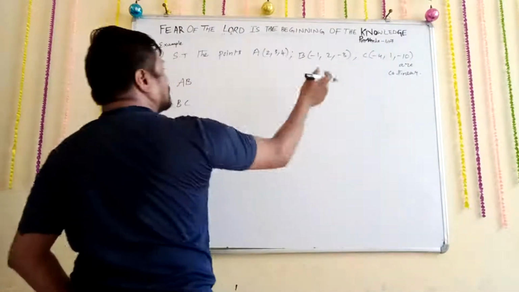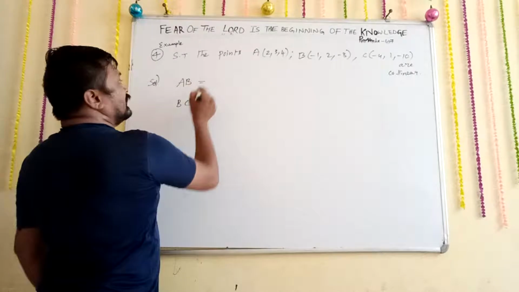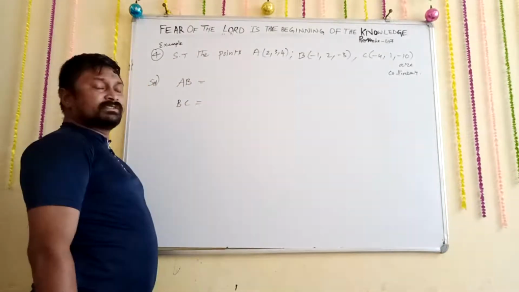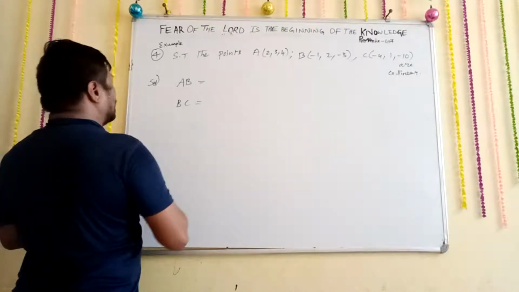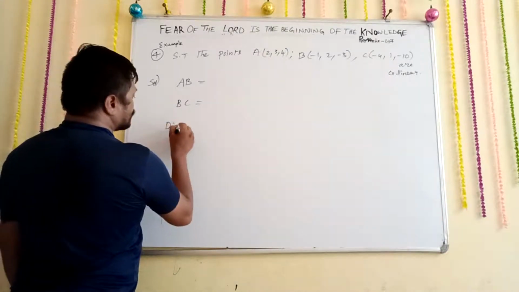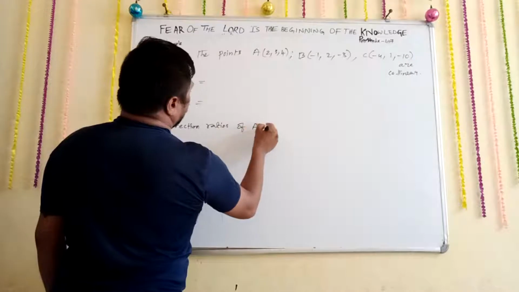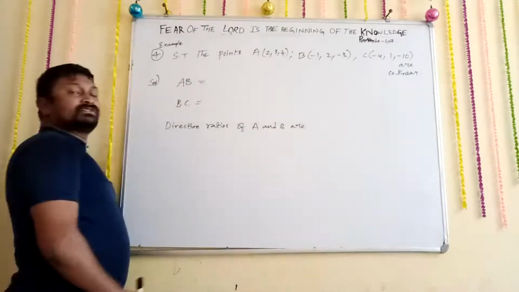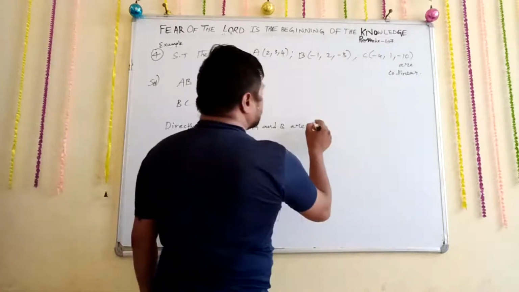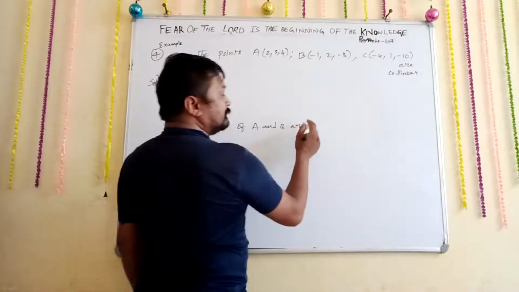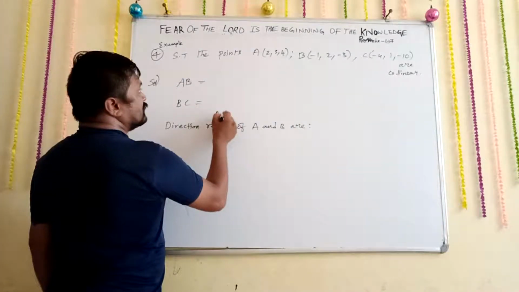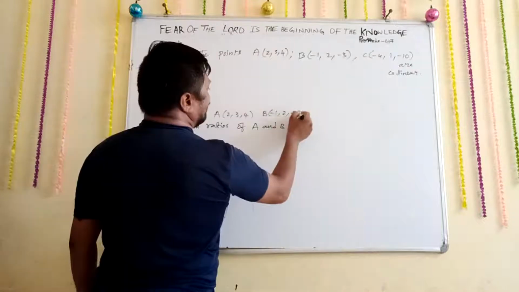So how to solve this part now? First I want AB and BC, so I find the direction ratios of A and B. Here A is (2, 3, 4) and B is (-1, 2, -3).